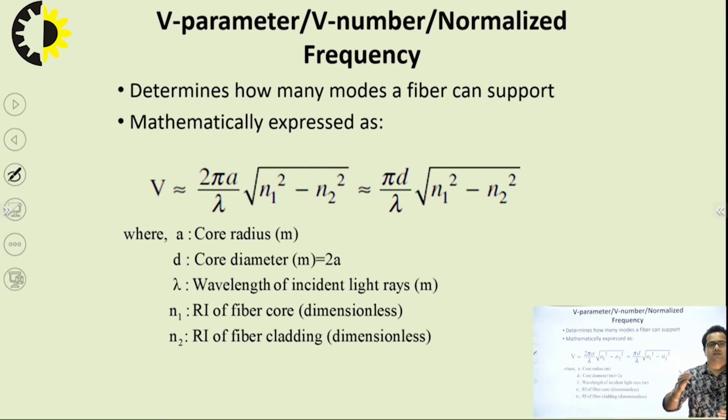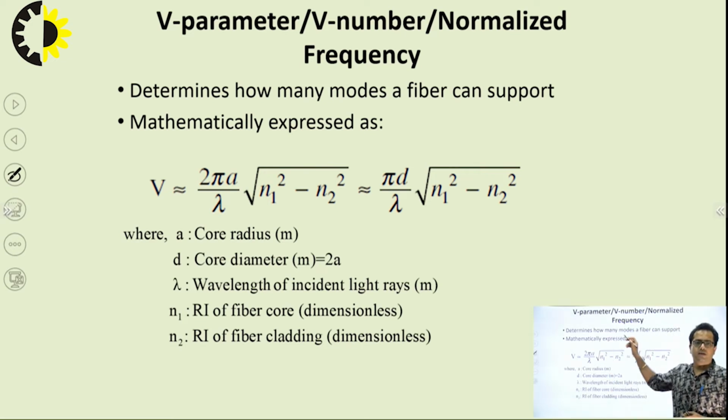We have discussed the categories of optical fiber based on the number of modes it can accommodate. The first one is single mode, which accommodates only one mode through the optical fiber, and the other one is called multimode. It supports multiple modes through its core.